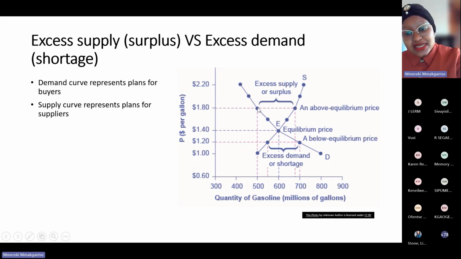Right now we are focusing on the demand curve. The quantity that will be demanded at this level is 500, and the quantity that will be supplied is 700. However, because this is not in equilibrium, this is excess supply, it will not happen.